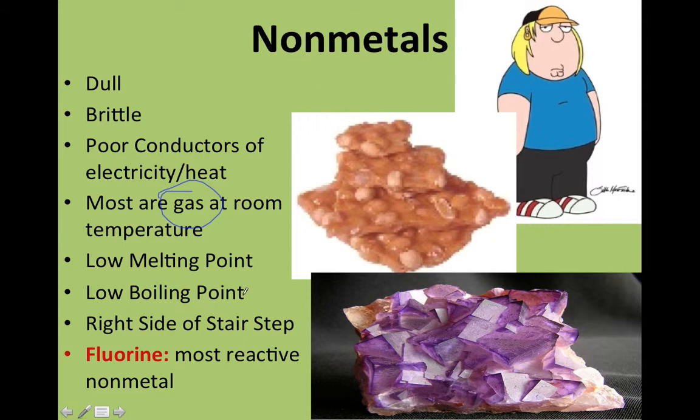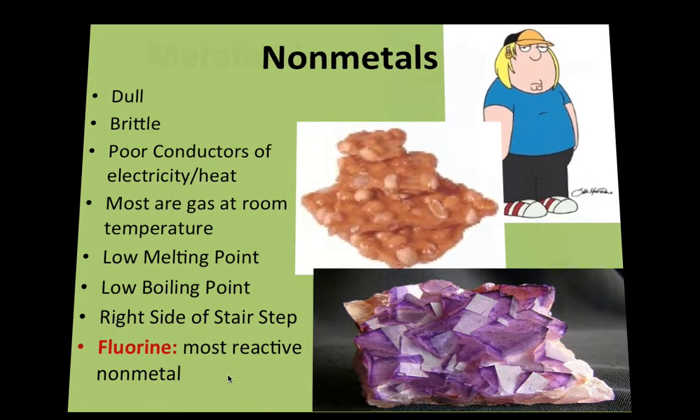Whereas salt has metallic properties and will actually keep its consistency. Nonmetals are found on the right side. And look at this, fluorine, the other F element, is the most reactive nonmetal. In fact, they're diagonal to each other.